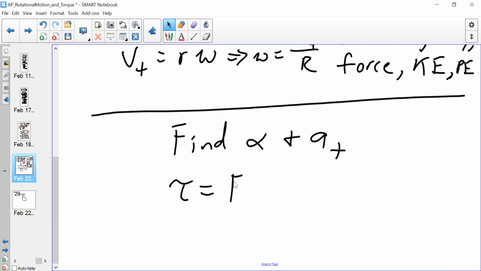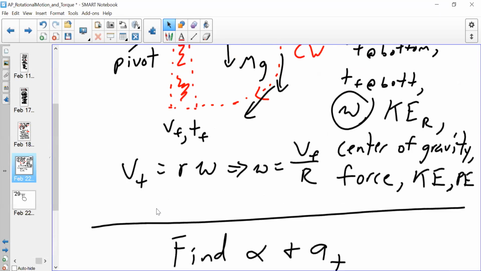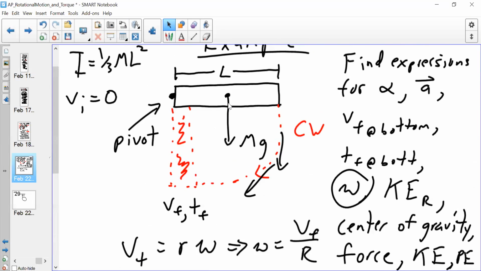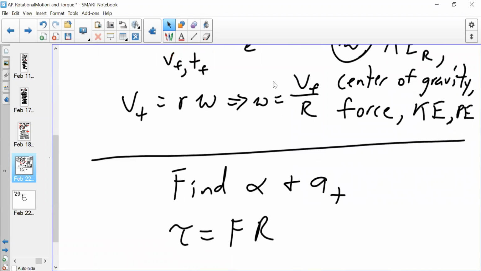So we know that torque is equal to force times the radius. And the radius in this case is going to be the distance where the force is applied, which would be the L/2 or length over 2. So the force at the center of mass here is going to be applied at distance L/2 from the pivot. So that's your R in this case.